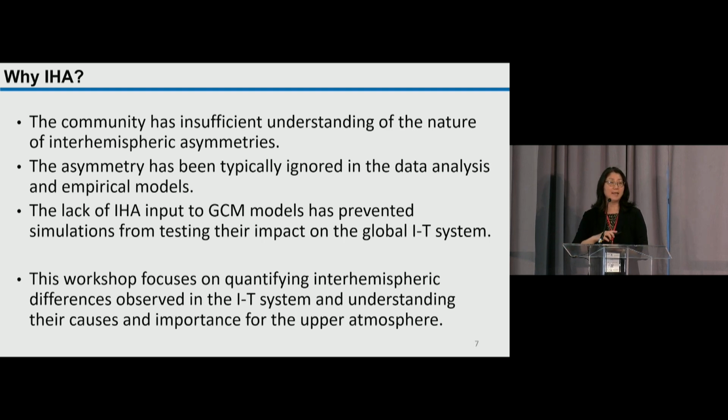Then based on that data set, we created an empirical model, such as Weimer. That's a typical approach when we have limited data. And if we start from those empirical models and use them to drive other physics models like GCMs, then the lack of asymmetry input to the GCM has prevented the simulations from testing the impact of the asymmetry on the IT system.